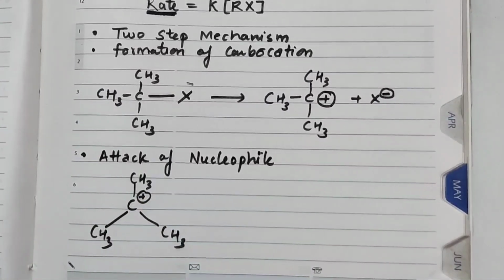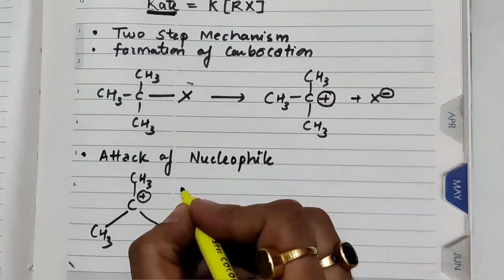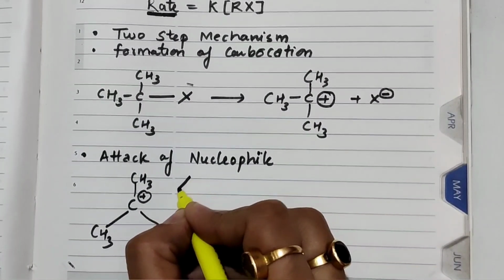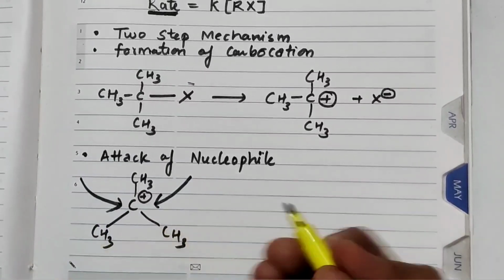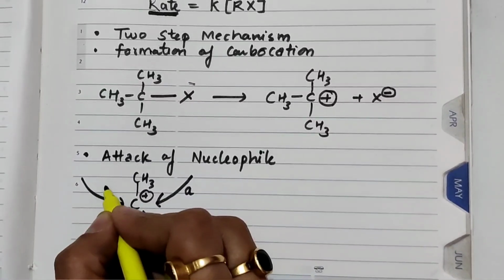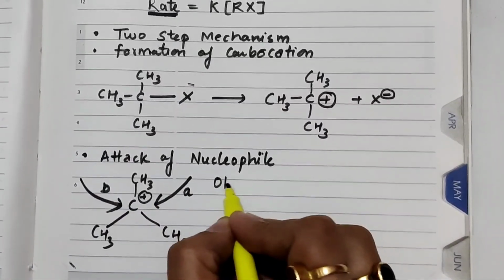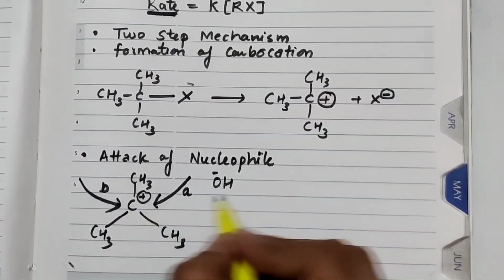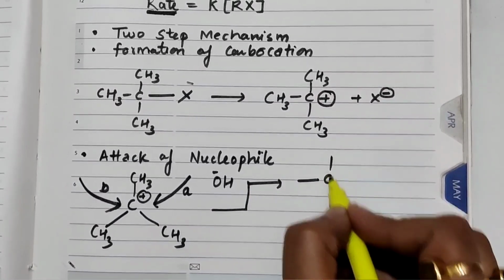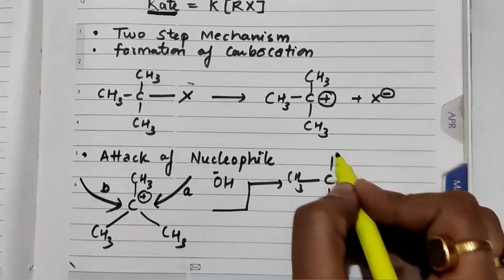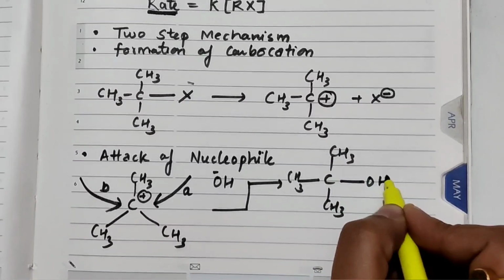Now there is a possibility that the nucleophile can attack from either side, for example from this side or from this side, A or B. If it attacks from the A side, that is, OH adds from the A side, then the product will be CH3, CH3, CH3 and OH.